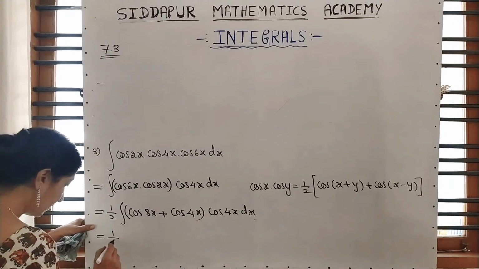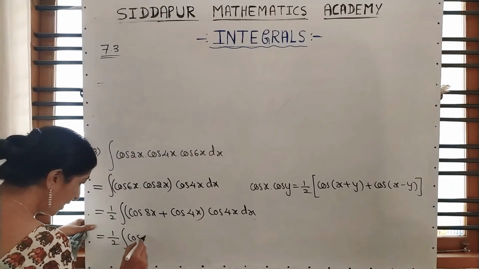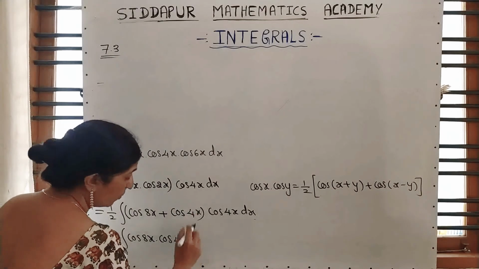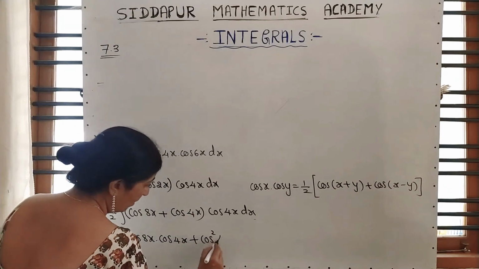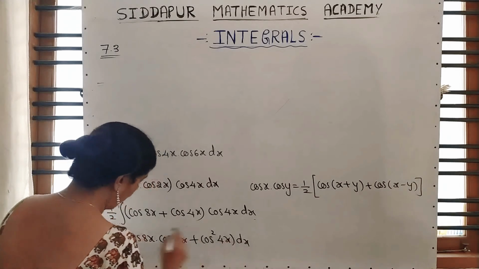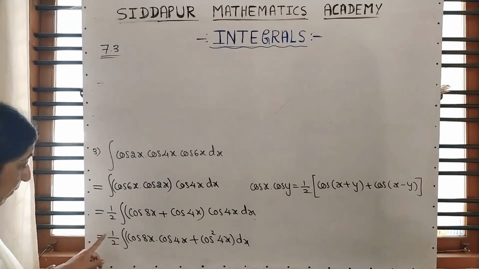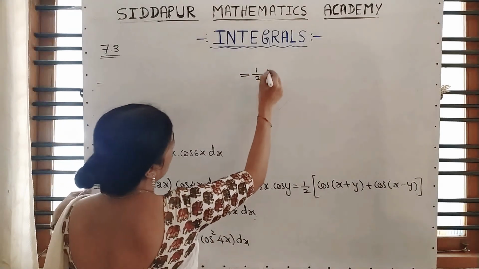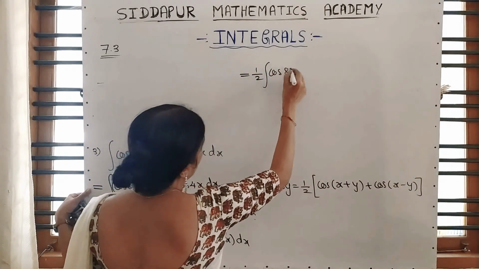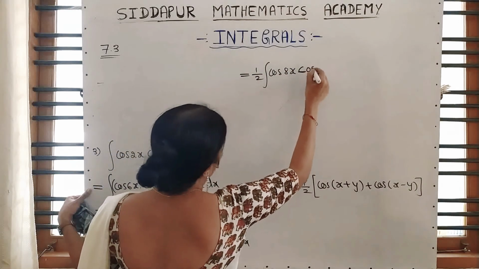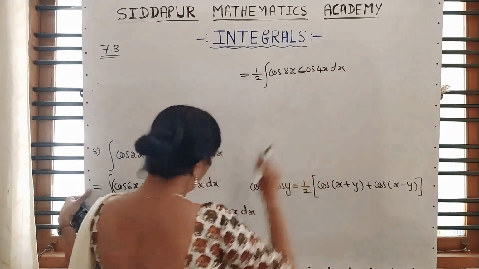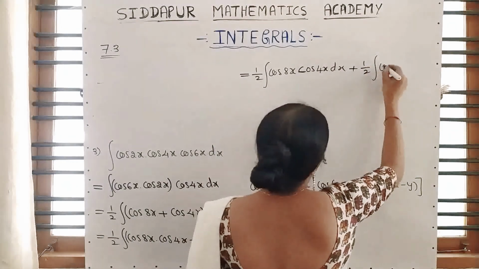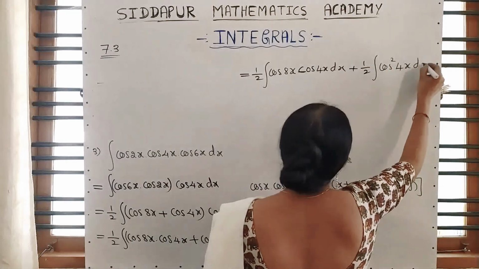So remove the bracket. It is cos 8x into cos 4x. Cos 4x into cos 4x is what? They have the same angle, cos square 4x. See, in the next step what I am doing, I am taking 1 by 2 and integration separately. See here, 1 by 2 integration of cos 8x into cos 4x dx plus 1 by 2 integration of cos square 4x.